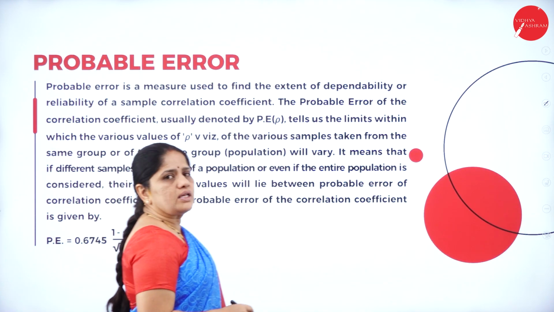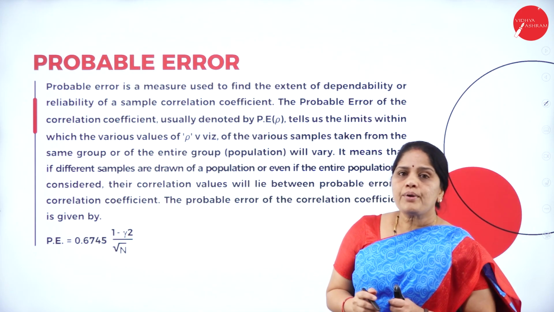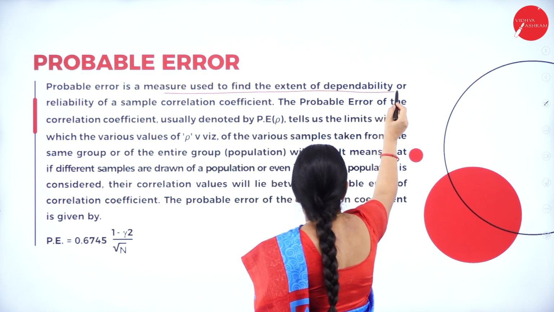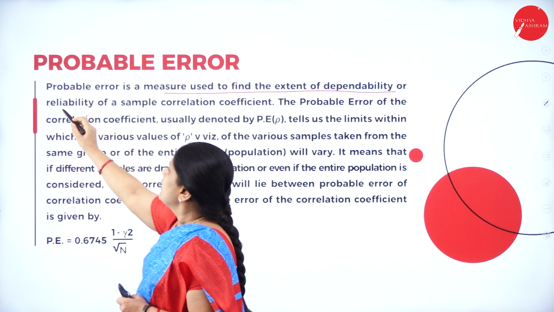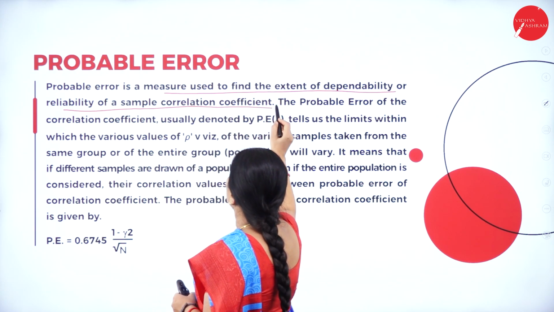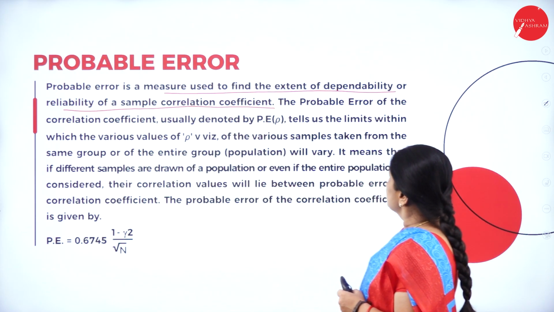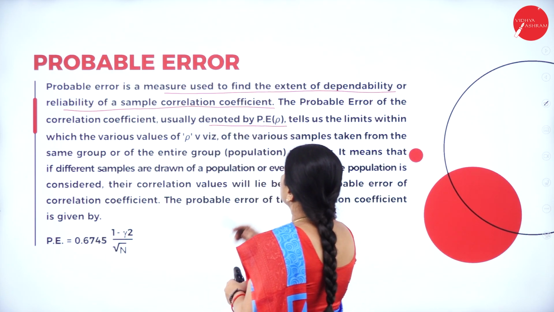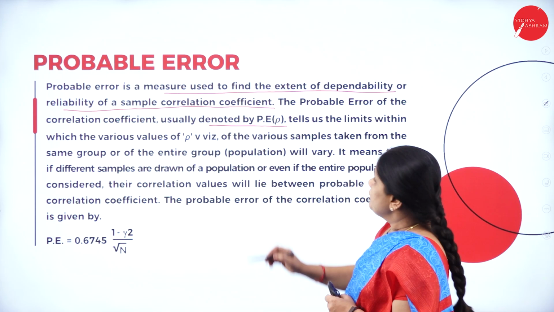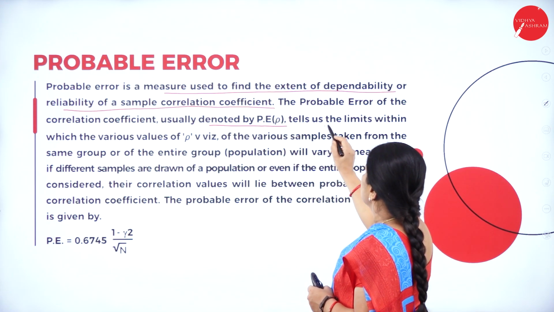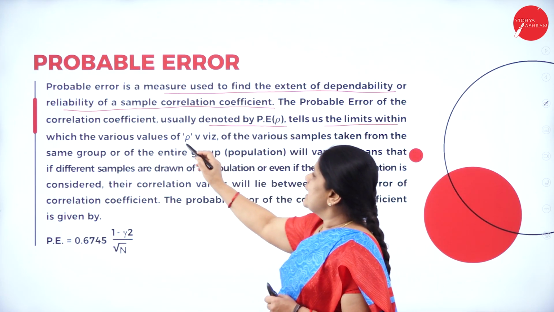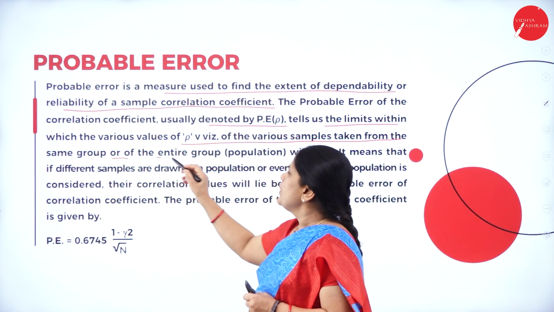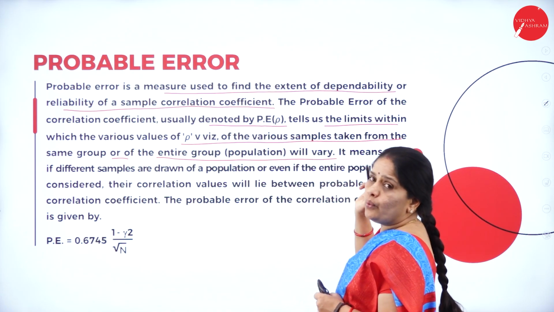The next concept we have to study is the probable error. The probable error is a measure used to find the extent of dependability or reliability of a sample correlation coefficient. The probable error of the correlation coefficient is usually denoted by PE. It tells us the limits within which the values of rho of the various samples taken from the same group or of the entire group will vary.